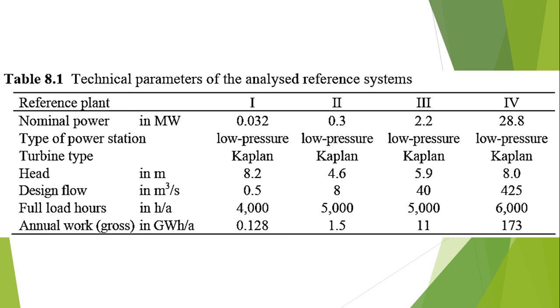The last one, or system 4, is the 28.8 megawatt or 28,800 kilowatt low pressure plant. This run of river power station is also designed as a river power station. The powerhouse is located in a riverbed with a catchment reach of approximately 8.8 kilometers. It achieves a head of 8.3 meters.